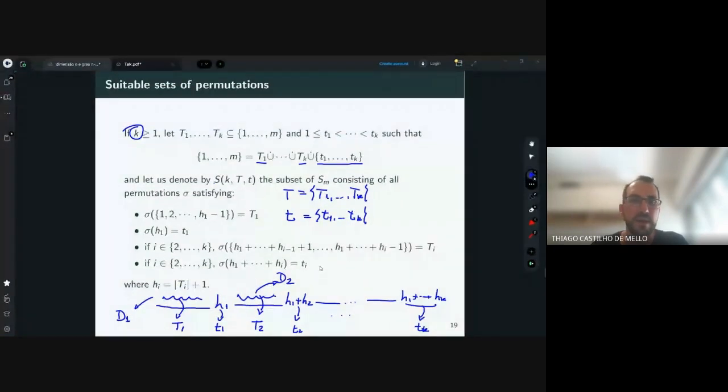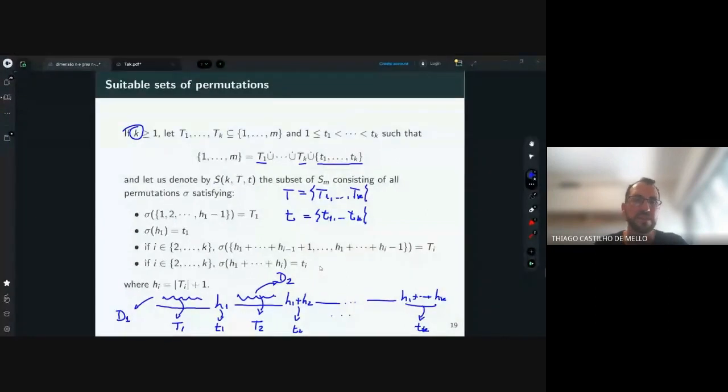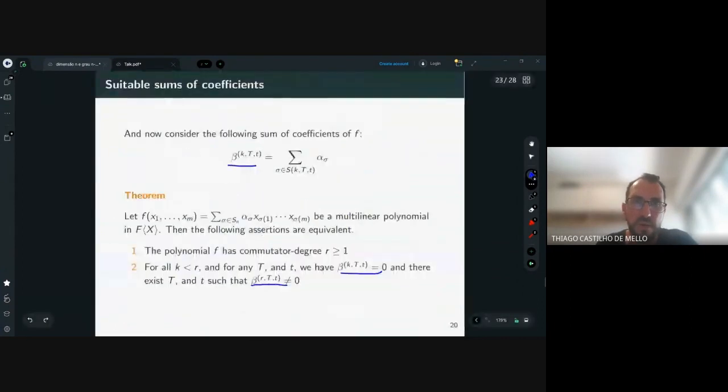Okay. The idea here is that it doesn't matter the order these guys are sent here, because diagonal matrices commute, so the order doesn't matter for us, but we will consider the sum of these coefficients.